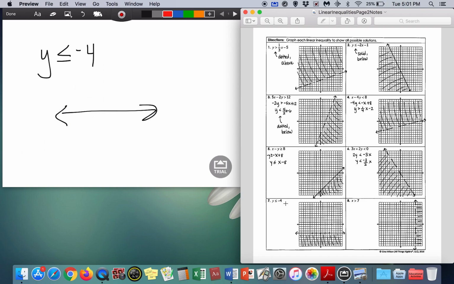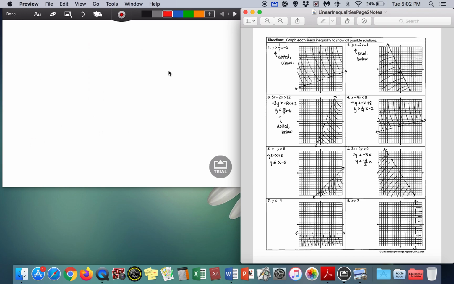I want the y to be less than negative 4. So that's going to be below the line. If it was greater than or equal to, I would have shaded above because the y's would be greater than negative 4. So y's that are less than negative 4 are below the line. And so you're not testing a point. You're just trying to shade what this is saying.